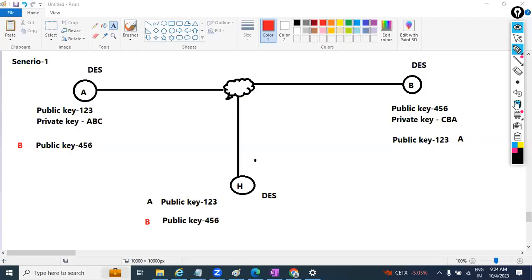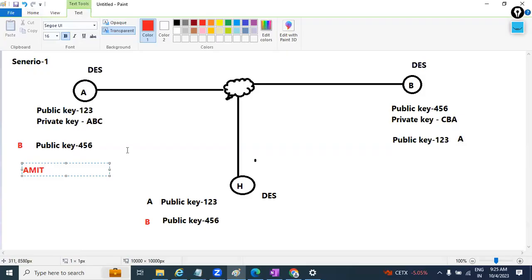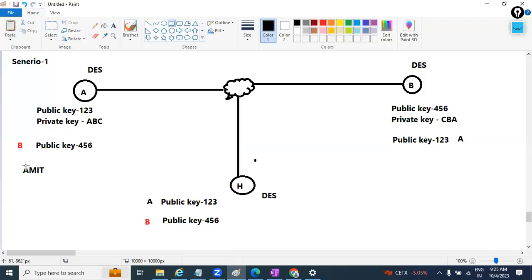Up to here, any doubt, any questions? All clear? Let's start. This is my data, and the data needs to be encrypted. So encryption is happening.